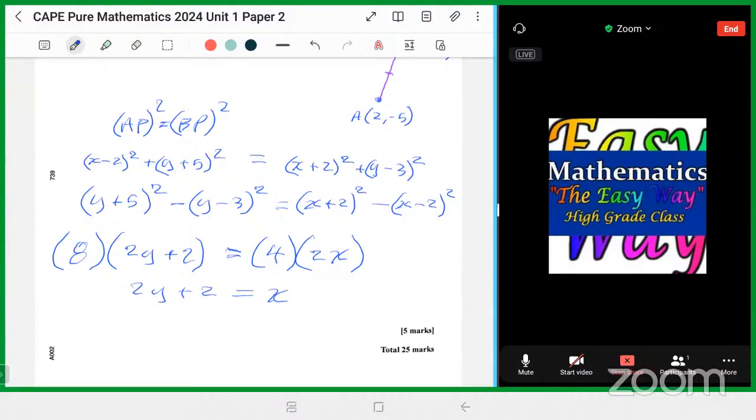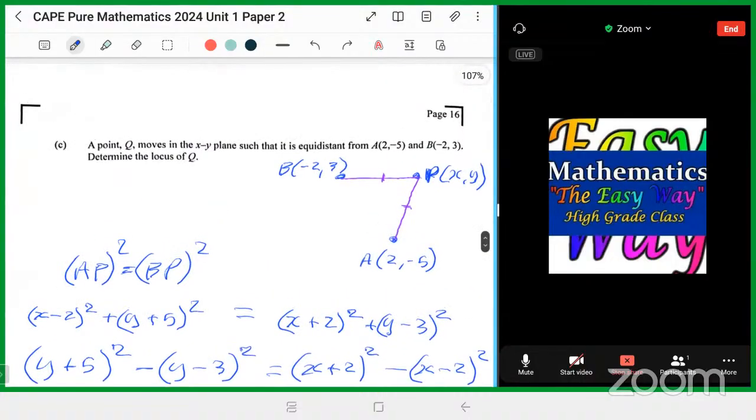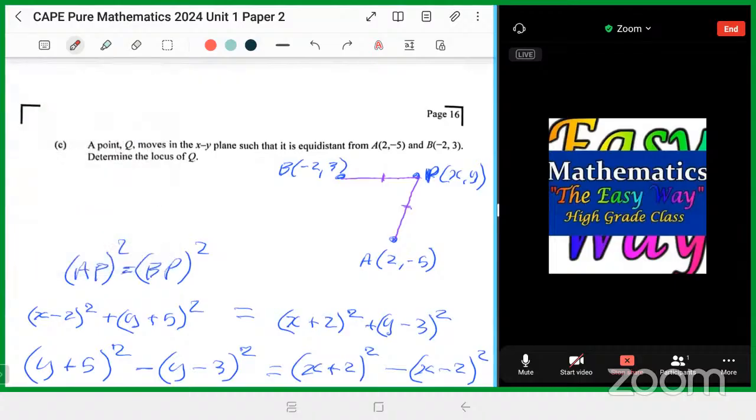I feel like I want to check the perpendicular bisector method and see if I get this as well. Let me just check it quick. So the midpoint between these 2 points, the midpoint M. Just to do it another way quickly.